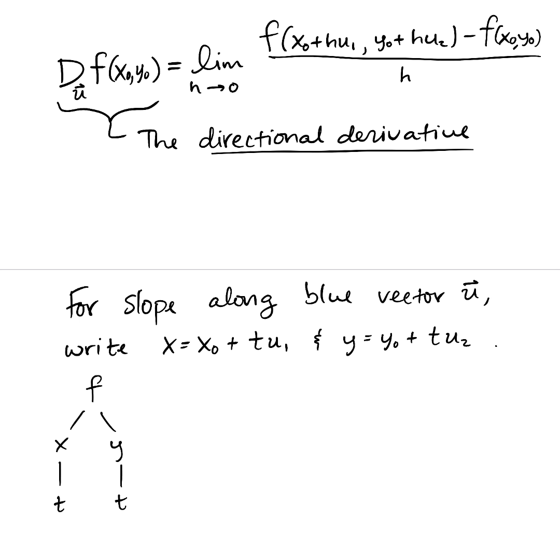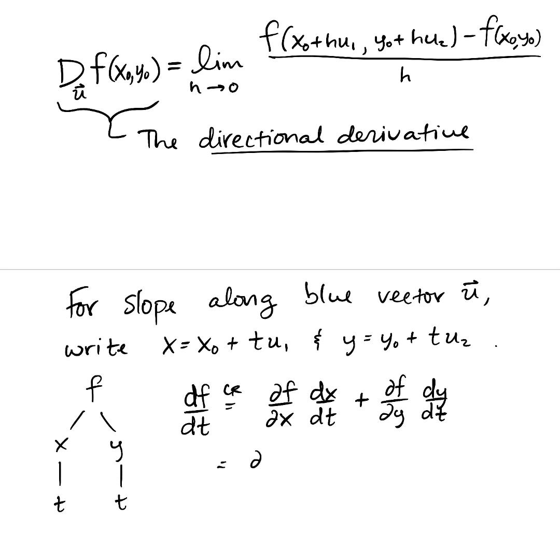And by chain rule, if you wanted f's regular old derivative with respect to t, then by chain rule that would equal df/dx times regular old dx/dt plus df/dy times regular old dy/dt.